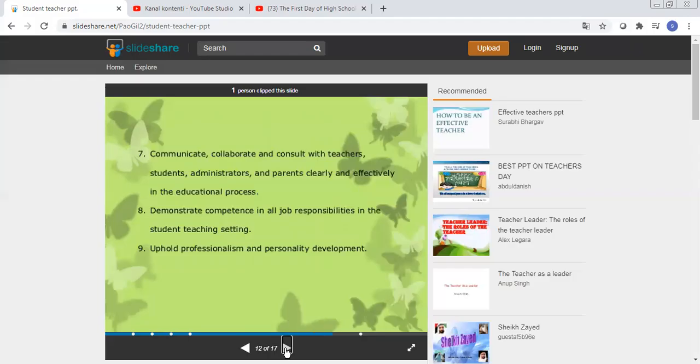Communicate, collaborate, and consult with teachers, students, administrators, and parents clearly and effectively in the educational process. Demonstrate competence in all job responsibilities in the student teaching settings. Uphold professionalism and personality development.